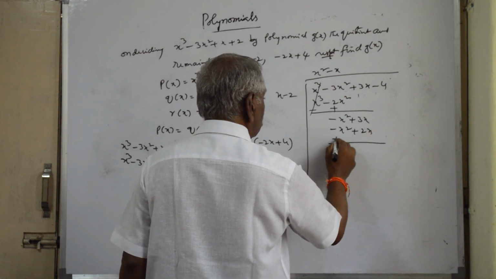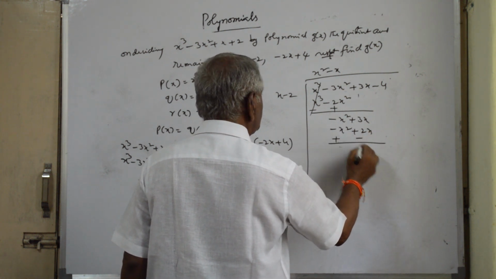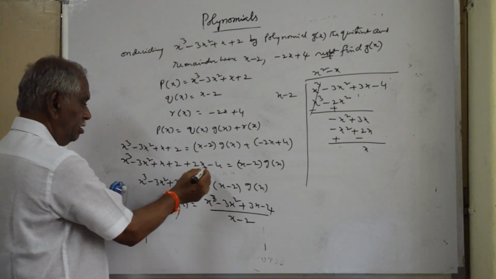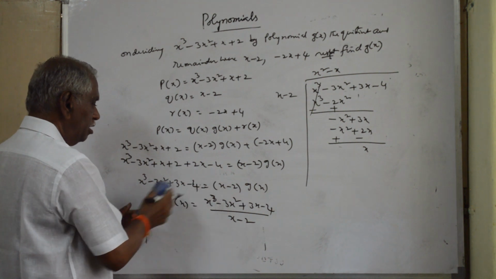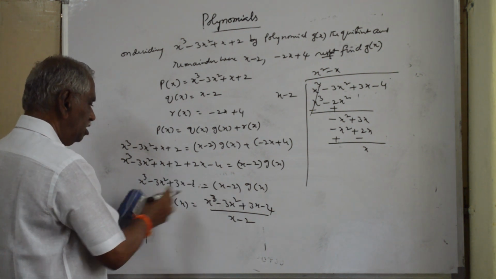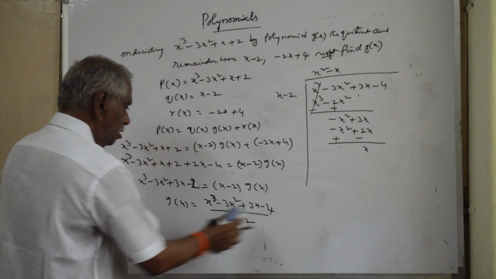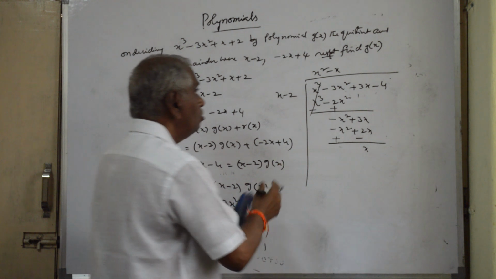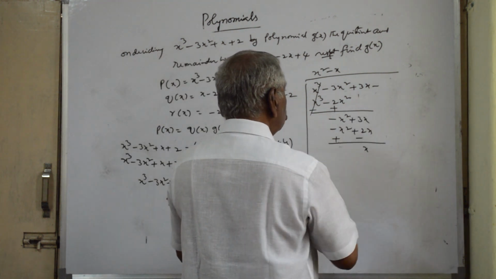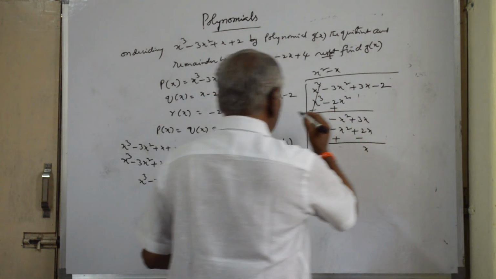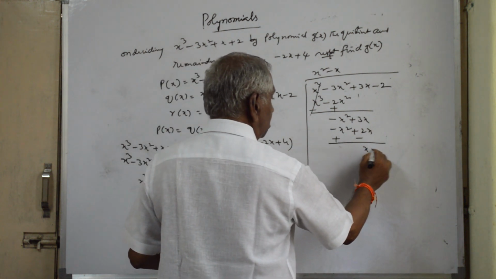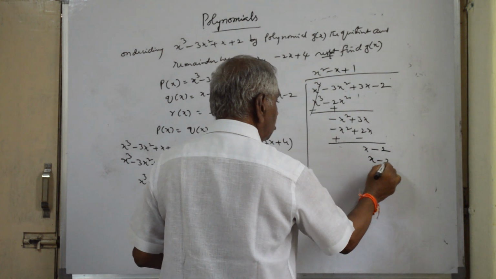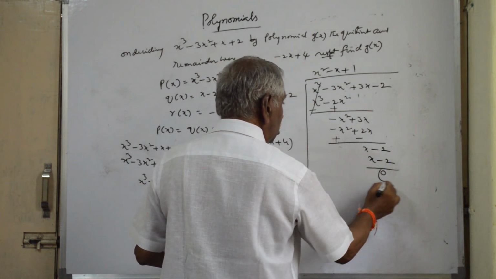Now subtract it, we will get x. Here I am sorry, it is plus 2 minus 4, I have written minus 4 but it is minus 2. Now it is also minus 2. Now we take this one, x minus 2 here plus 1 here, x minus 2. Now when you subtract them, it will be 0.